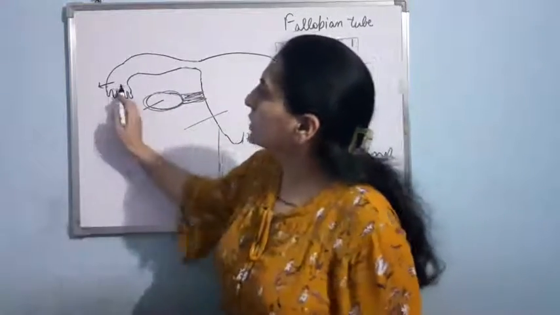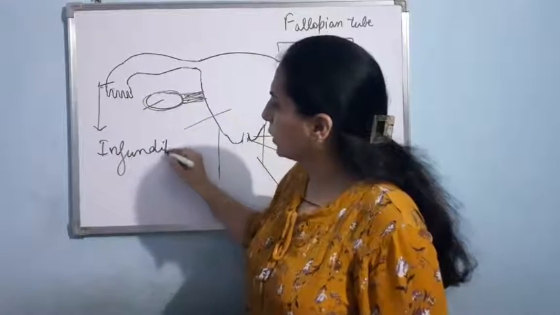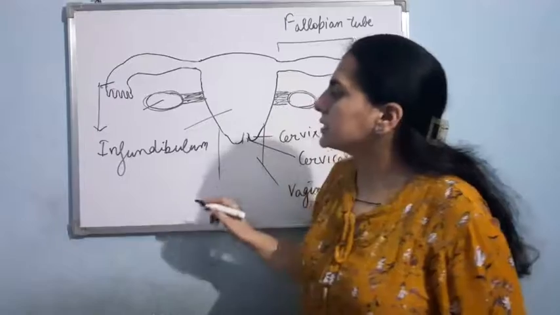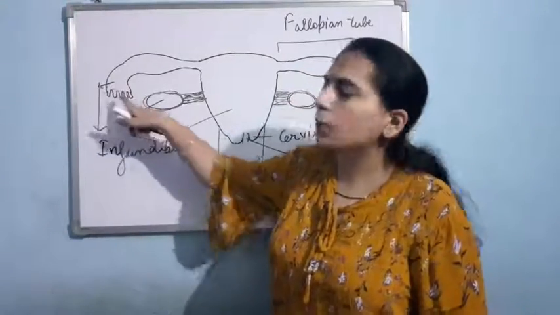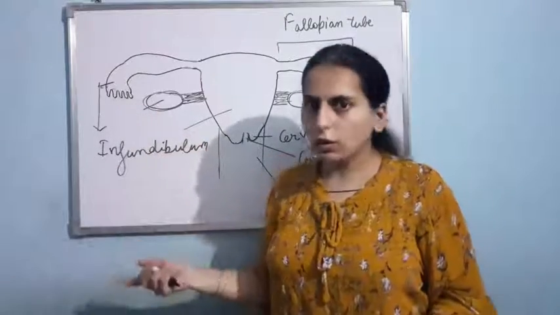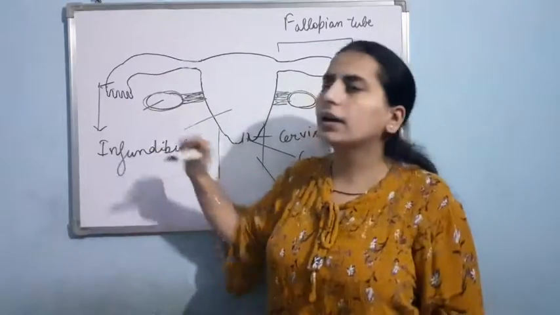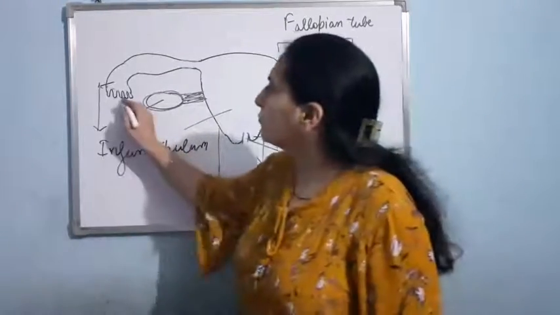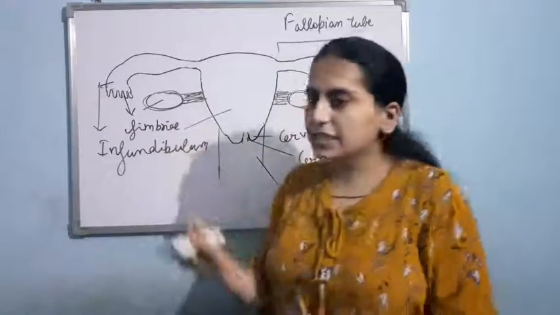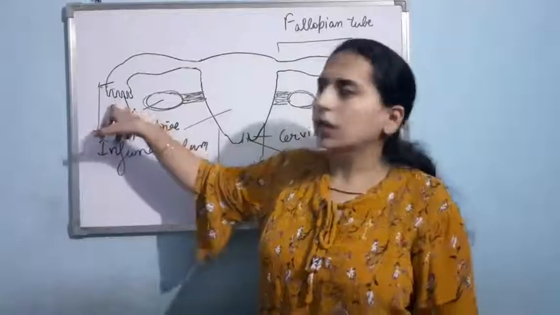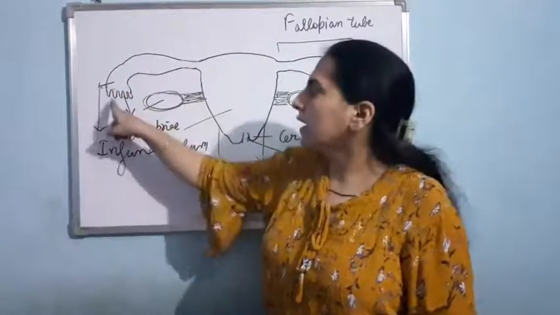So here this part is known as the infundibulum. It is the part which is in close proximity with the ovary. This part has finger-like projections, and these finger-like projections, which are a protrusion of the infundibulum, are known as fimbriae.